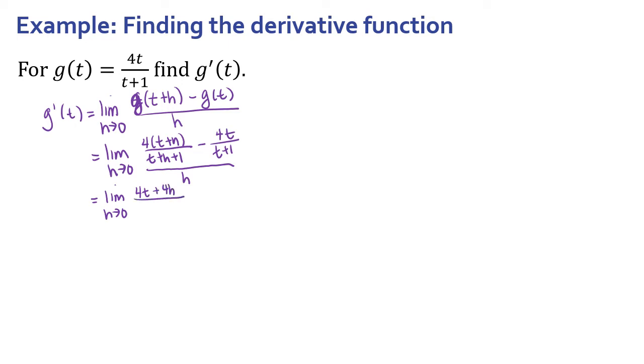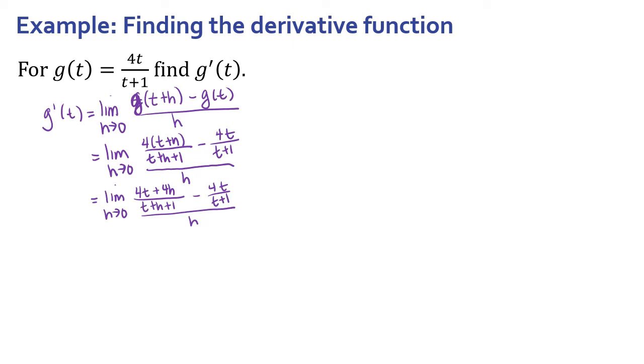So that's 4t plus 4h over t plus h plus 1 minus 4t over t plus 1 all over h. So this looks gross and your heart may be racing a little bit at this point. So just take a deep breath and know we're going to get rid of these fractions, because right now if I substituted that h in, I'm going to end up in that indeterminate form of 0 over 0.